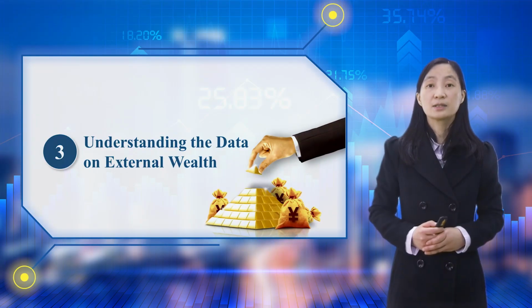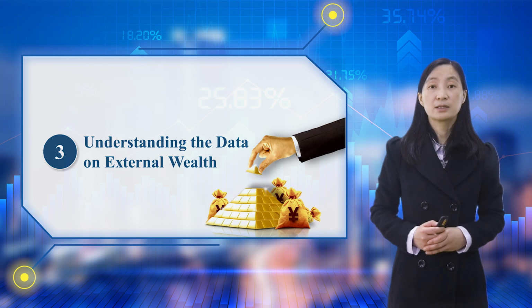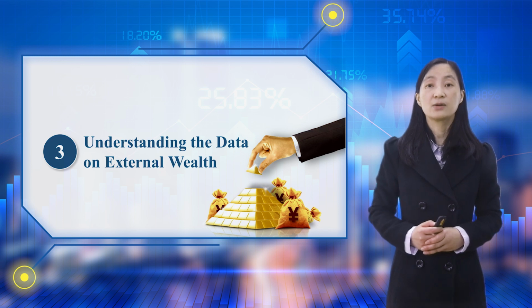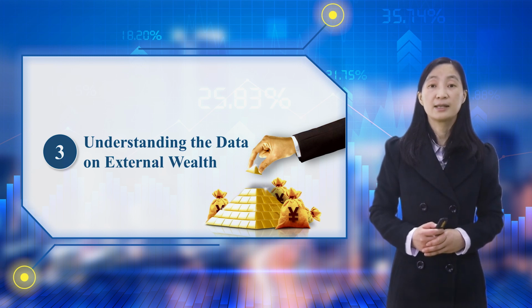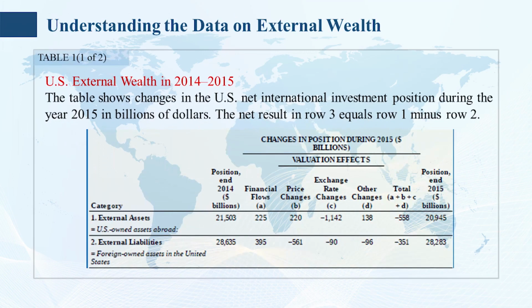Third, understanding the data on external wealth. Measures of levels and changes in national external wealth are tabulated in an account known as the Net International Investment Position. Let's take the USA's simplified version of this account as an example.